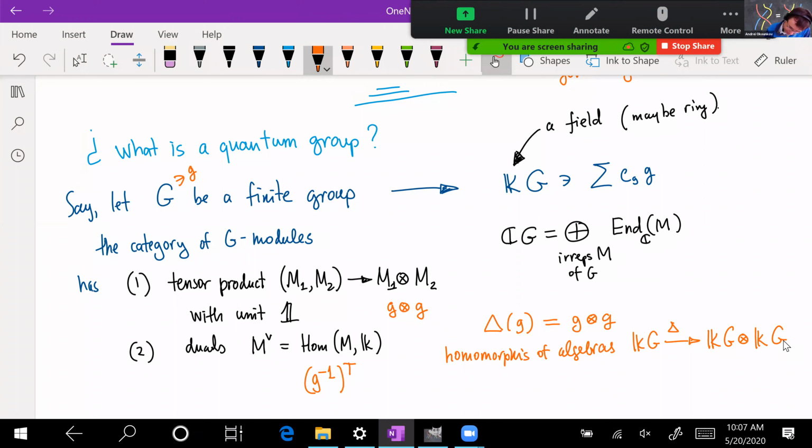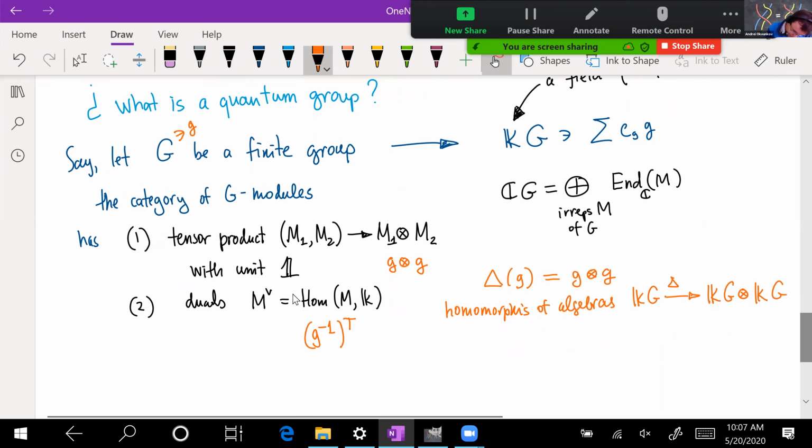And this is the analog of the fact that the tensor product is defined for any number of factors and is respective of the order. This means this thing is co-associative.